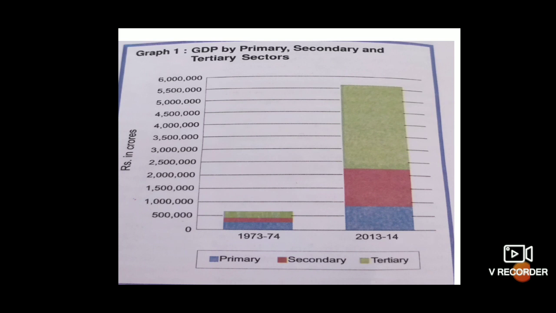So in 73-74 the primary sector brought so much GDP, whereas in the comparison of 2013 and 14, what happens? It changed. The tertiary sector brought so much GDP. So what does the comparison between 73-74 and 2013-14 show? 73-74 shows that the primary sector is more in GDP, whereas in 2013-14 the tertiary sector brought more GDP.